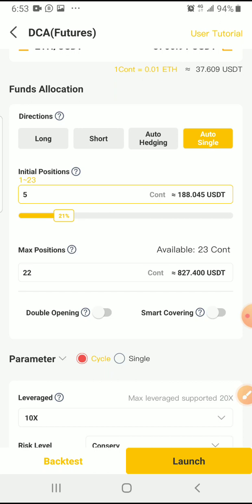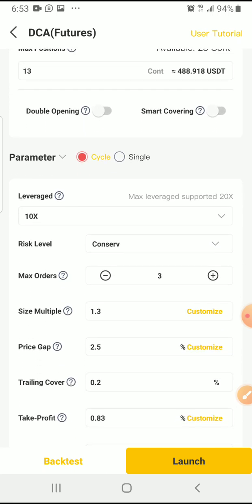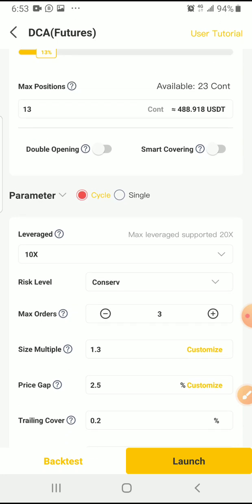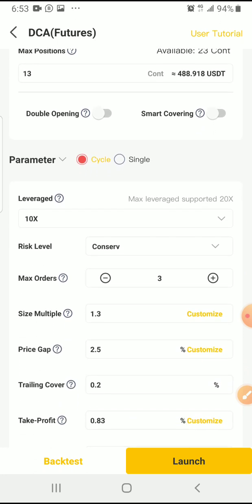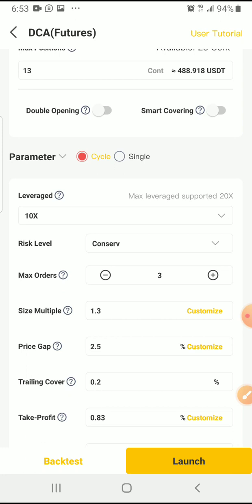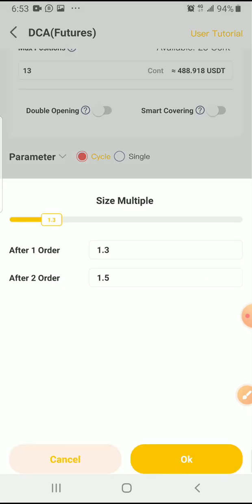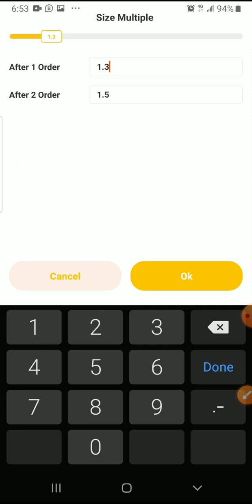Now if you change anything down here, like the size multiple or the max orders, I would not recommend you to change the max orders, but if you change the size multiple, it can also change the max position that you have here. For instance, if you decide that on the second and third order, I'm not going to increase what I buy, I'll buy the same thing.